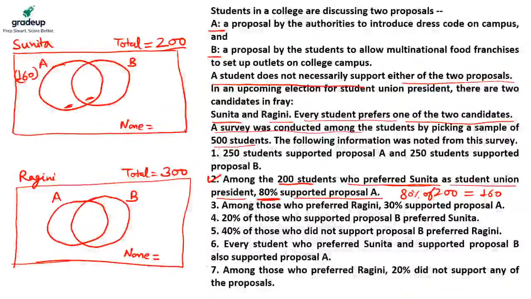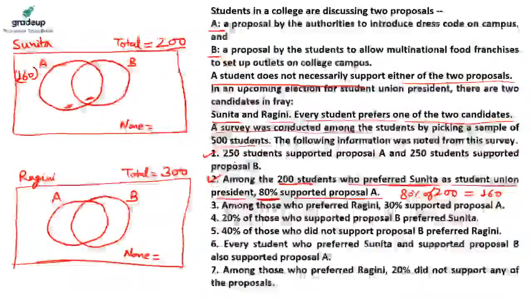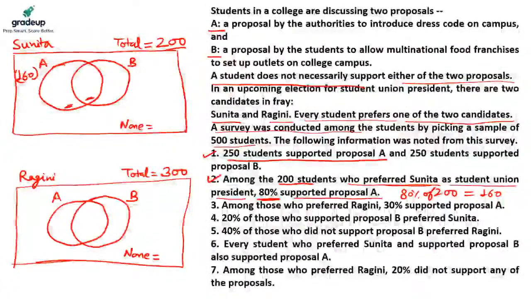By the way, notice one thing. Point number 1: 250 students supported proposal A. So I would like to highlight this in a blank slide. Out of all the 250 persons who are supporting proposal A, some of them prefer Sunita. How many of them? We just calculated 160.